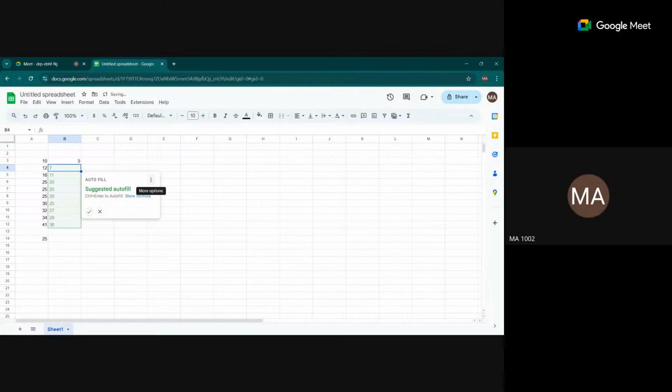Okay, subtracted 5. Now double it and take the mean of that, right? So what is the average of those doubled after subtracting 5?